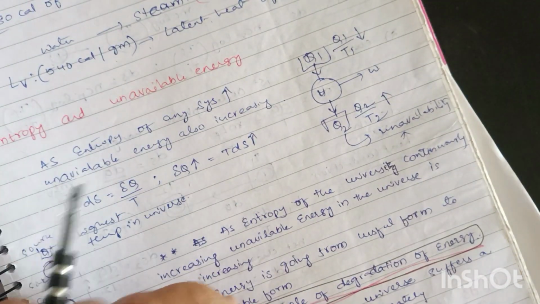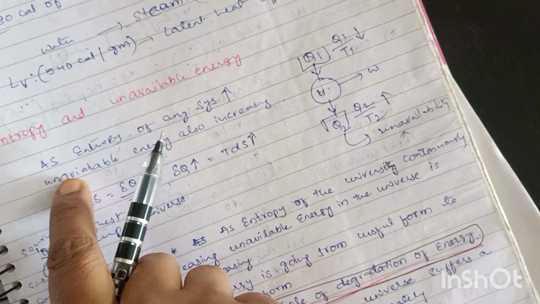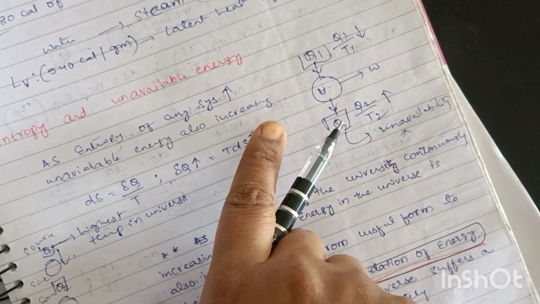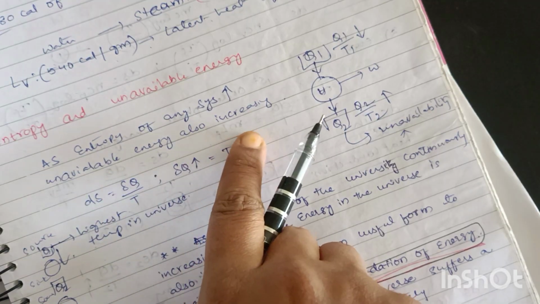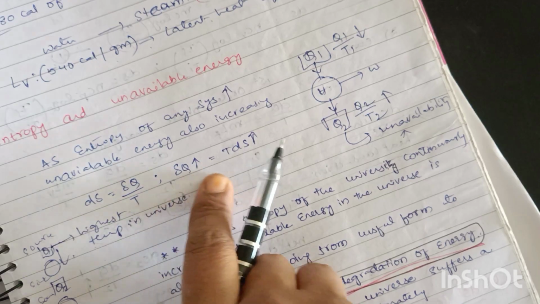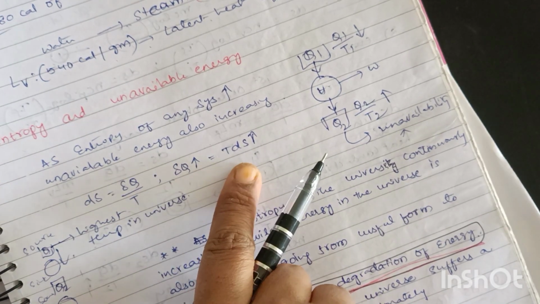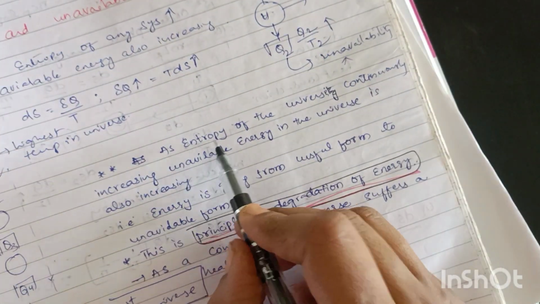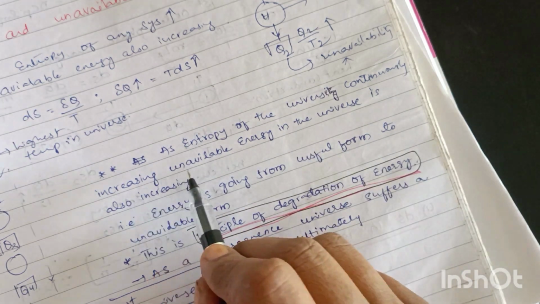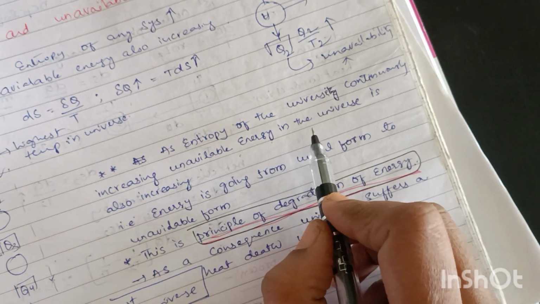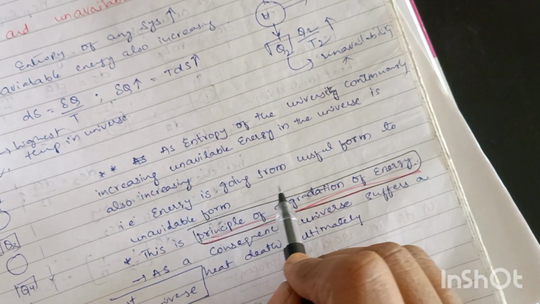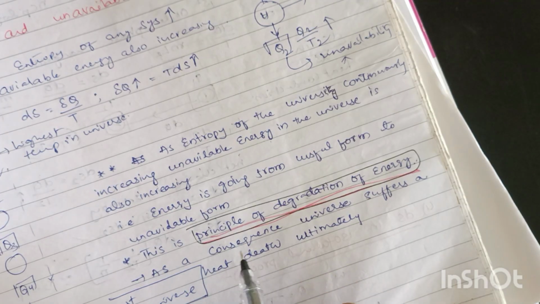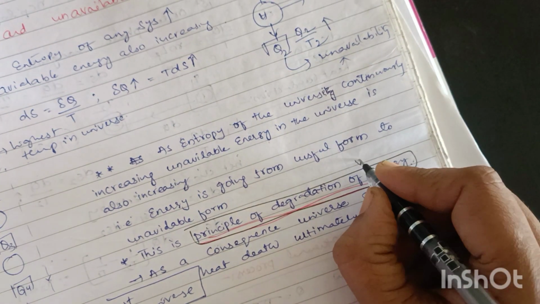Okay, next, entropy and unavailable energy. As entropy increases, unavailable energy also increases. dS equals del q by T. As del q increases, TdS increases. As the entropy of the universe continuously increases, unavailable energy also increases. So energy is going from useful form to unavailable form. This is called the principle of degradation of energy.